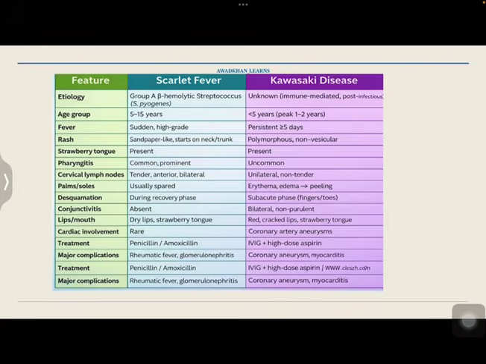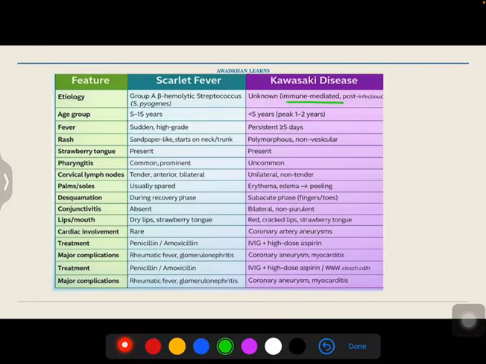Kawasaki is an immune mediated illness, whereas scarlet fever is caused by group A streptococcus. Age group in scarlet fever is 5 to 15 years, here in Kawasaki it is less than 5 years. The fever is high grade and it responds to antibiotic. And in Kawasaki, fever is persistent and it does not respond to antibiotic.